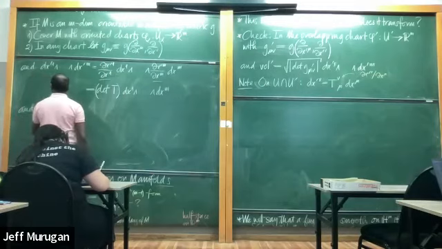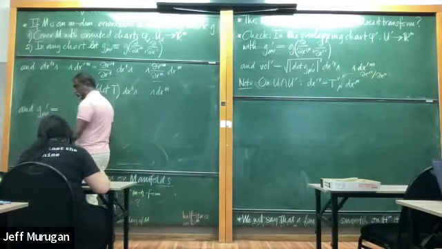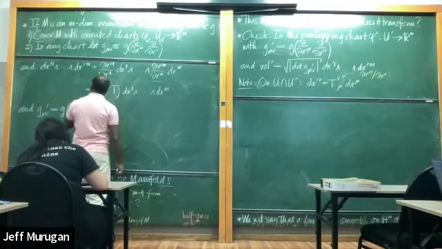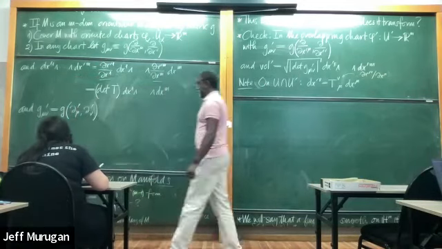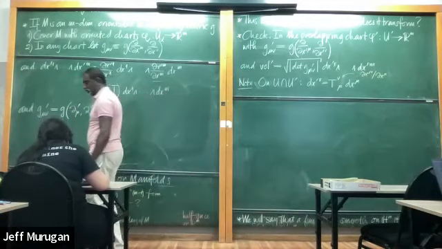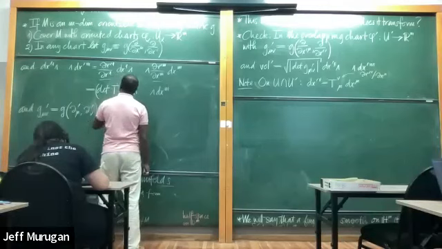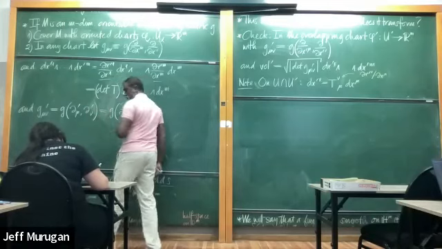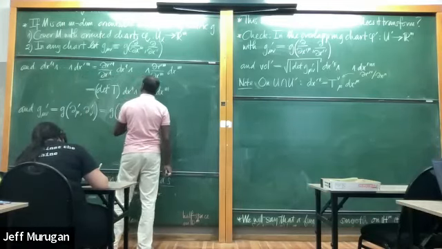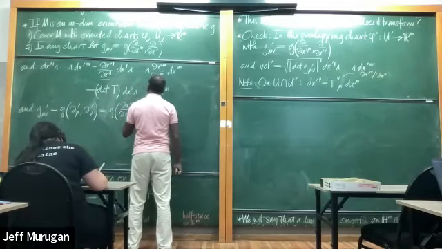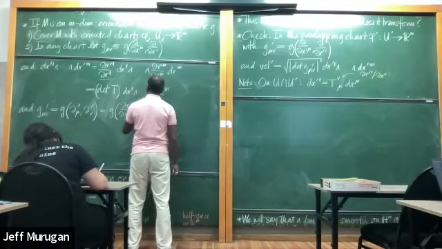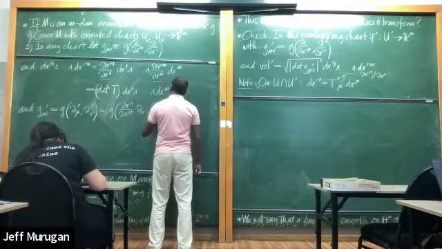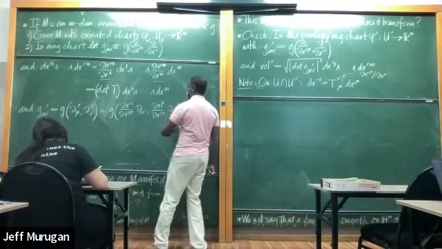Now G mu prime nu prime, which remember is just G acting on d prime mu, d prime nu, where d prime is d by dx prime, is just G of dx alpha by dx prime mu, d by dx alpha, and dx beta by dx prime nu, d by dx beta.